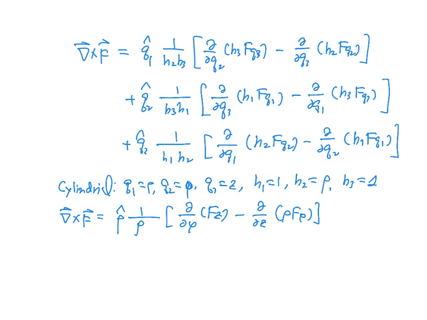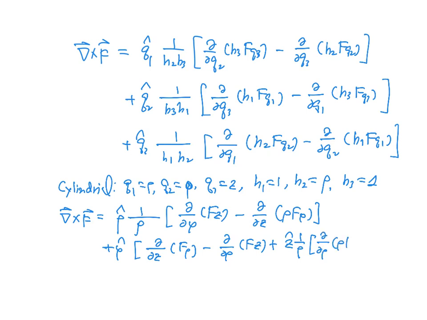Plus phi, H3, H1 is all 1. So partial z, partial F rho minus partial rho, partial Fz, z component, H1, H2, 1 over rho. Partial rho F phi minus partial phi, partial F rho.